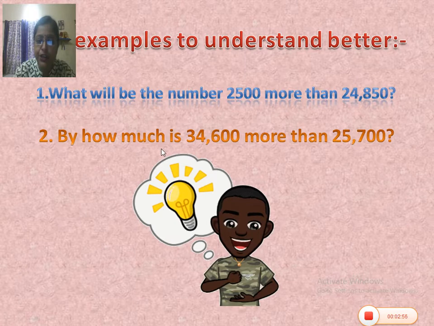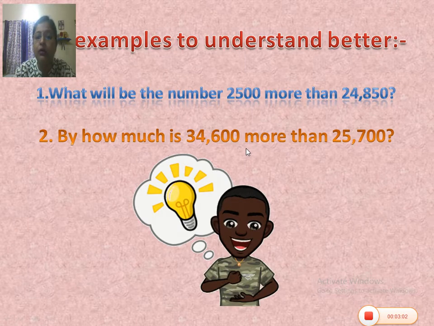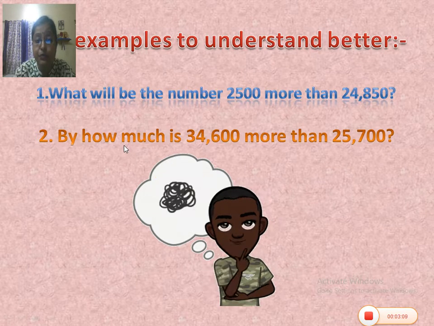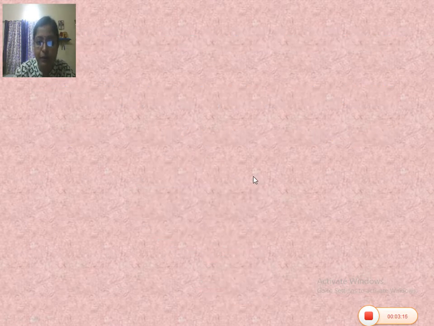Whereas in question 2, it is given that 34,600 is already more, greater than 25,700. But by how much? Which means how much more is it? So now we'll move on to the solving part.